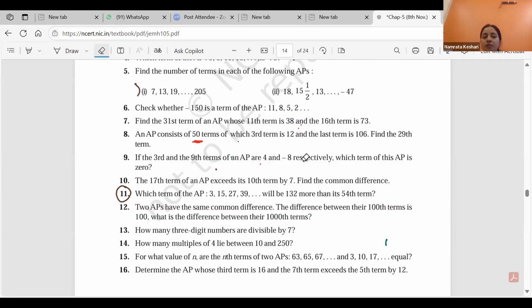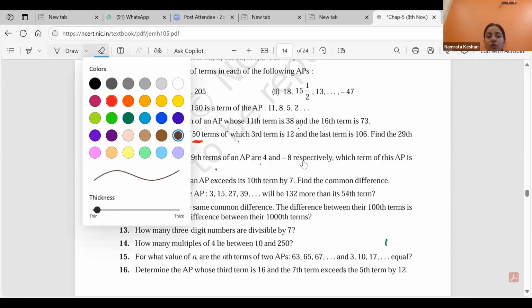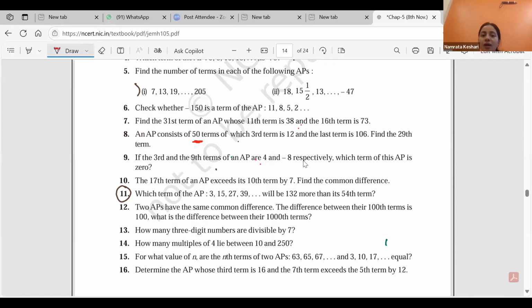In this AP, let's try understanding what the question says. You have an AP. First term is 3, second term is 15, third term is 27, fourth term is 39. Like this it will continue. You have to find which term, means what is the placement of that particular term.